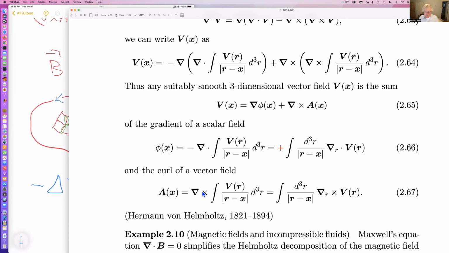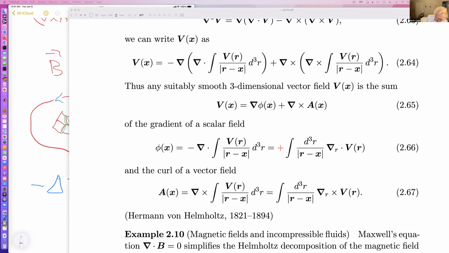Oh no, this is the x, this is the curl with respect to x, of course, here. And when we bring it inside, we have curl with respect to x, and that gives us minus the curl with respect to r. So there's also a minus sign here.